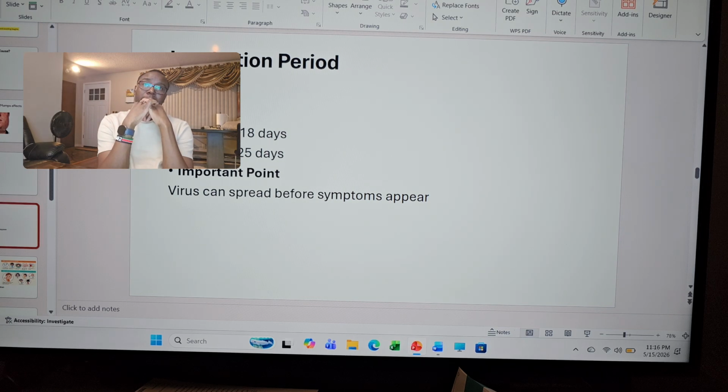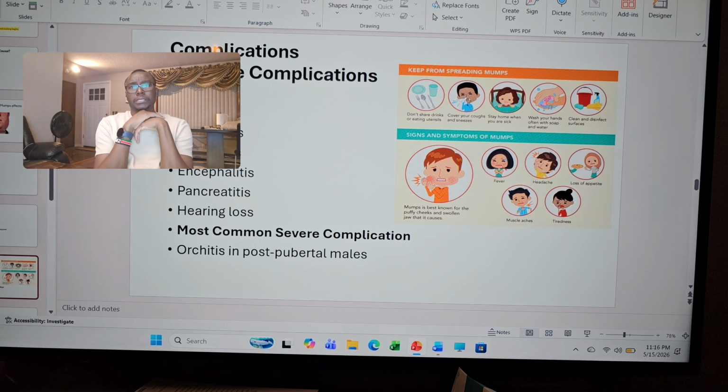For mumps, it will take 16 to 18 days, and it ranges between 12 to 25 days. Important point on this is the virus can spread even before the symptoms appear. We had people who never had COVID symptoms. They never had those chills, but they still spread the COVID. So it's better to be precautious.